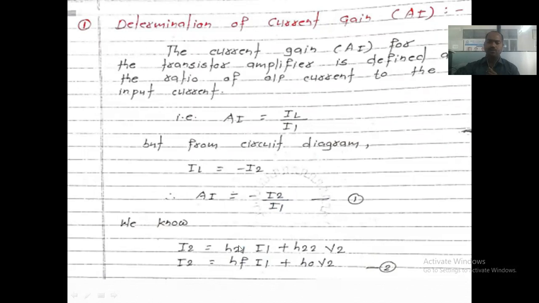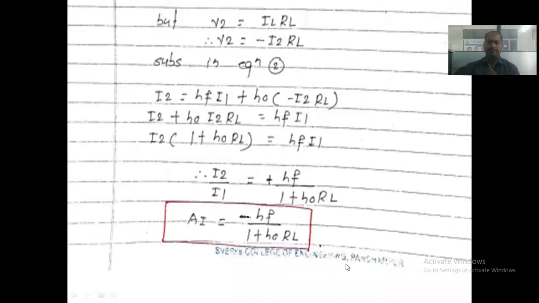So H21 indicates that it is the forward current gain, I2 divided by I1, right? So for the H21, we write HF, and I1 as it is, HF into I1, plus H22 indicates that it is the output admittance. So HO into V2. This is the thing. Means I2 equal to HF into I1 plus HO into V2. Okay.